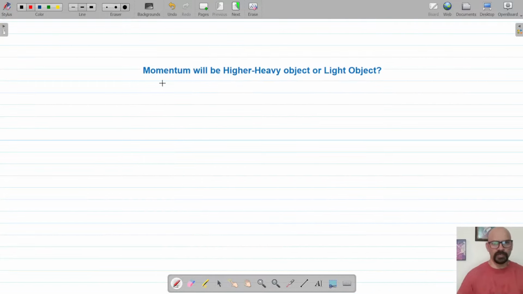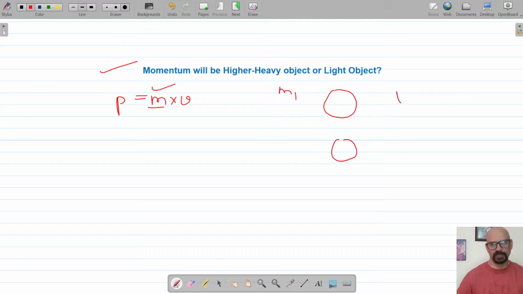Okay, now momentum will be higher for a heavy object or a light object? It's very obvious from the formula, because momentum is measured as the product of mass and velocity. So let's say we have two objects moving with the same velocity of 10 meter per second, but the mass of the first object, object A, is 10 kg and the mass of the second object, object B, is, let's say, 20 kg.